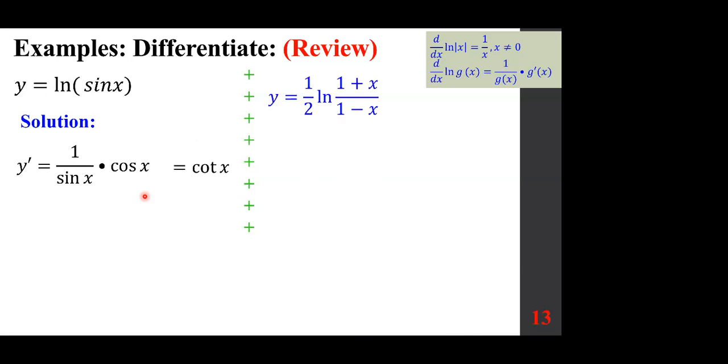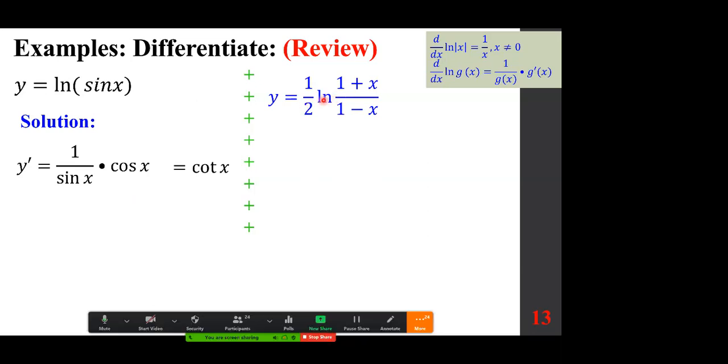How about this one? Let's decompose the log, meaning keep the 1/2. This becomes ln of the top minus ln of the bottom. There's nothing we can do to further decompose that.